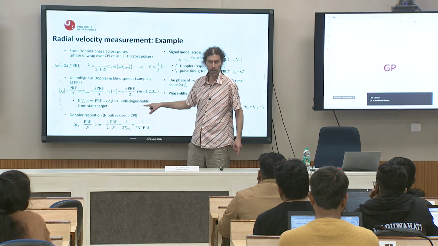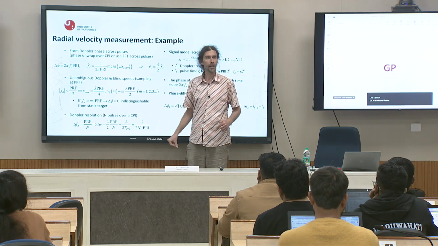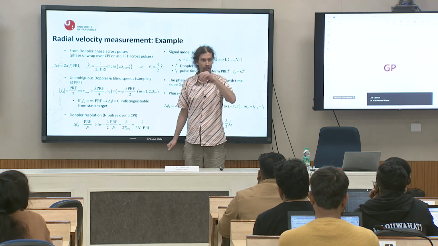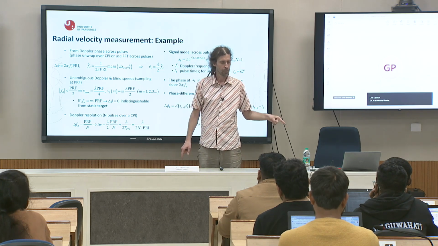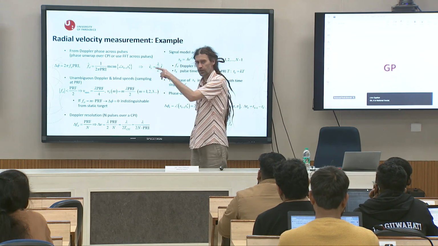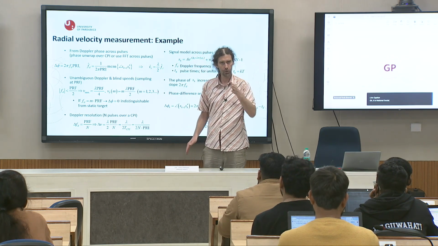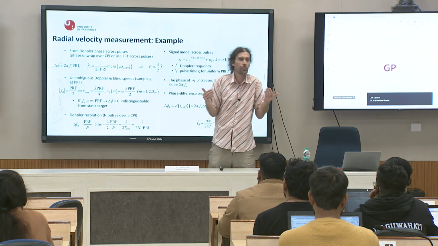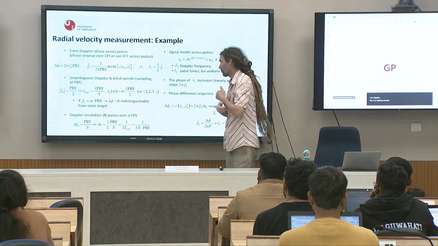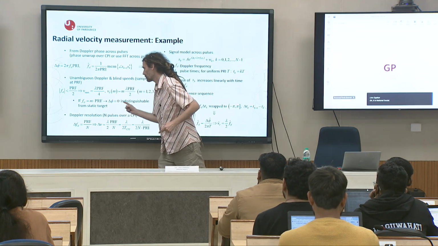Do you remember from the last lecture the picture about wavelengths, where we have motion but the phase is always 0 at each sample, so we see a constant? It was a static target. So it is this case.